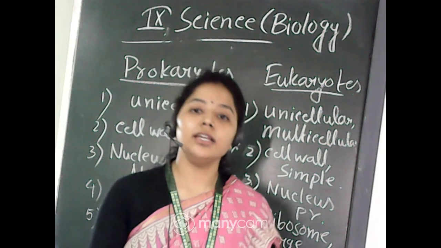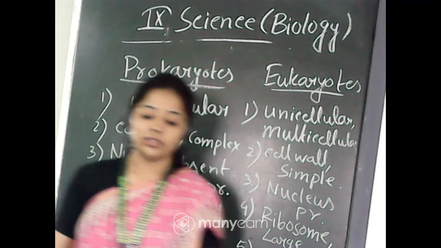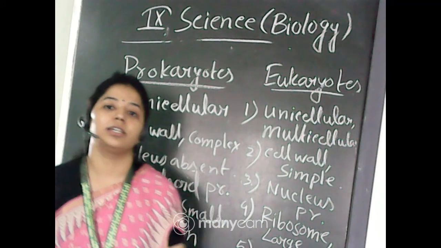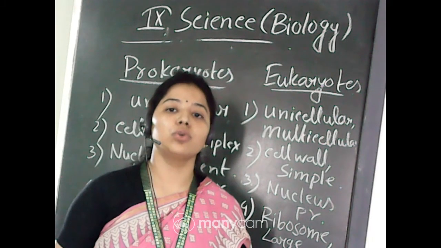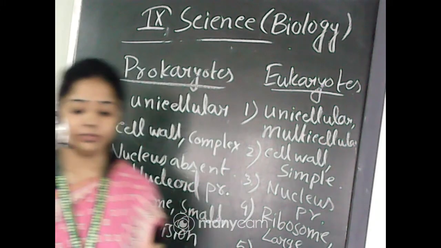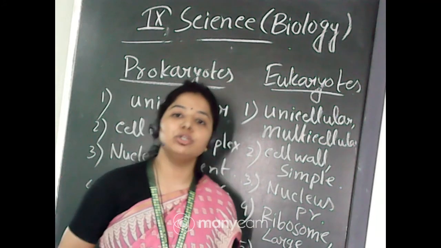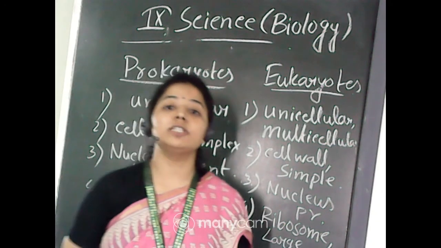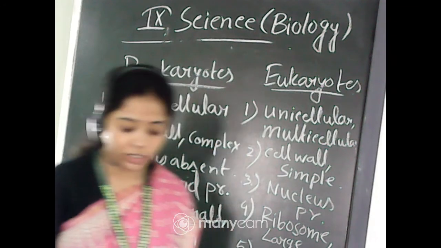The main purpose of mitosis is growth and repair of cells. There is also another type of cell division known as meiosis, which occurs during gametogenesis, meaning the formation of gametes only. I hope you understood up to this portion.